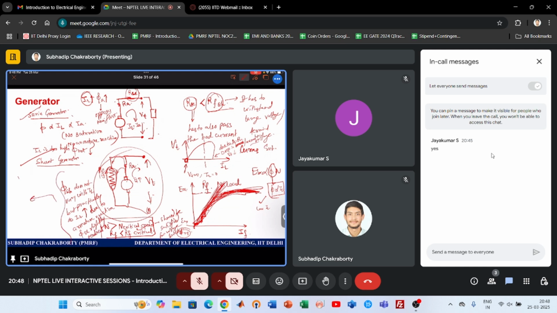So since phi shunt is almost constant, you get the best possible flux being maintained for shunt machines.